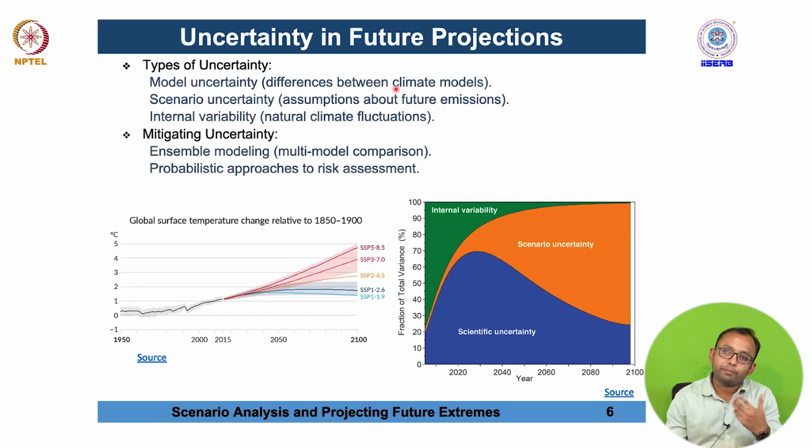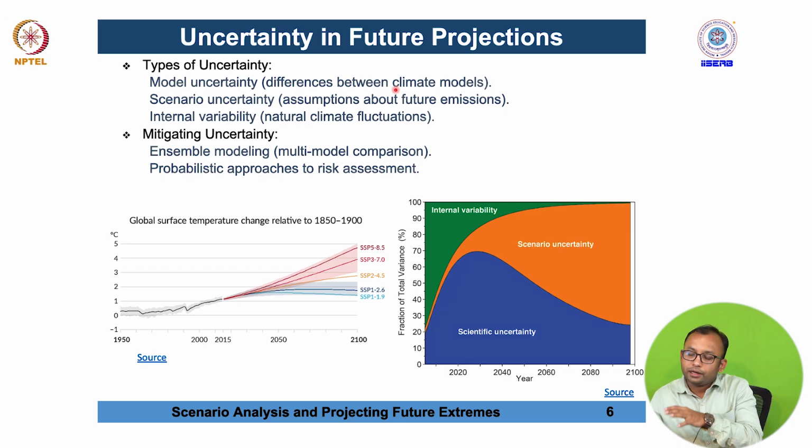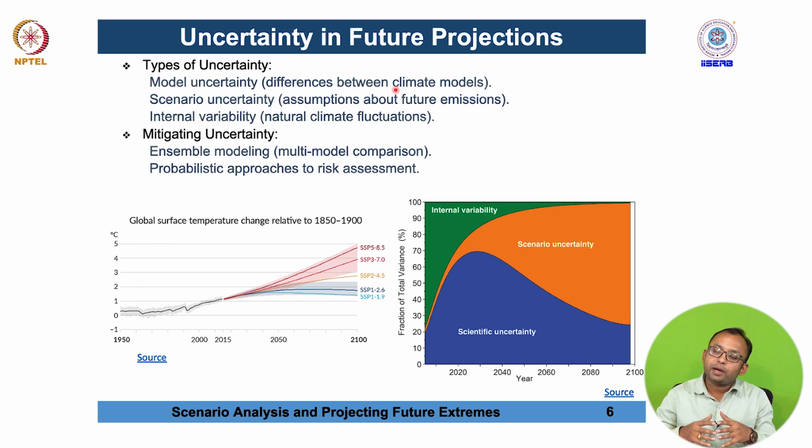Suppose you are running multiple models at the same time. Some models have different sets of process interpretations, some are primarily data-driven techniques, or some are based on time series modeling. So, it is possible that there might be differences in the model uncertainties, because all of them are representing the processes and data differently. Therefore, your output can be different.